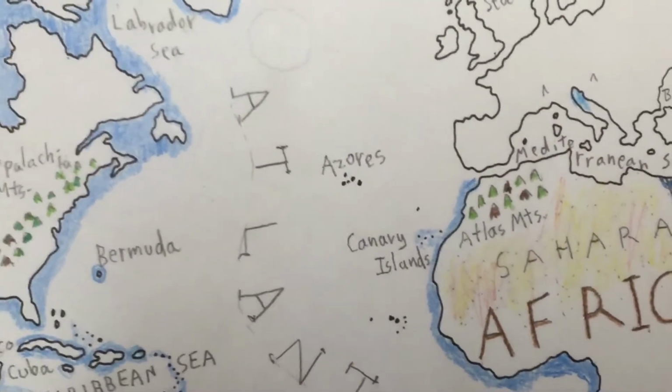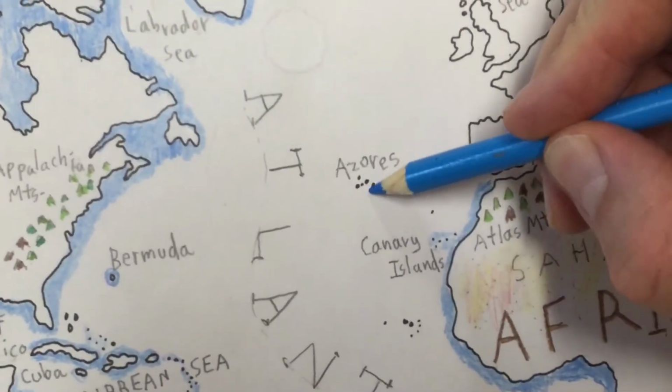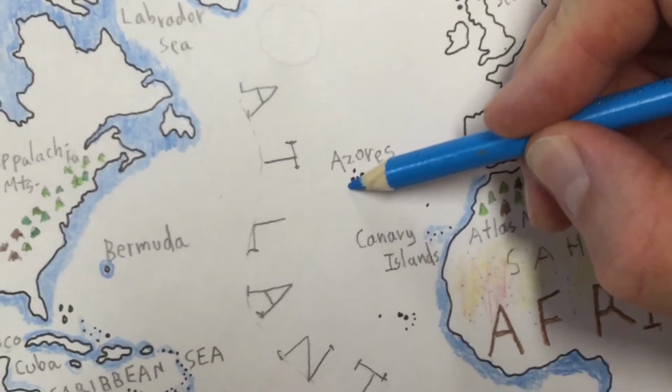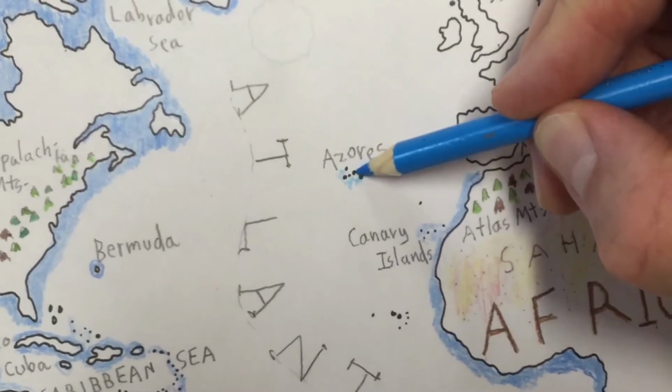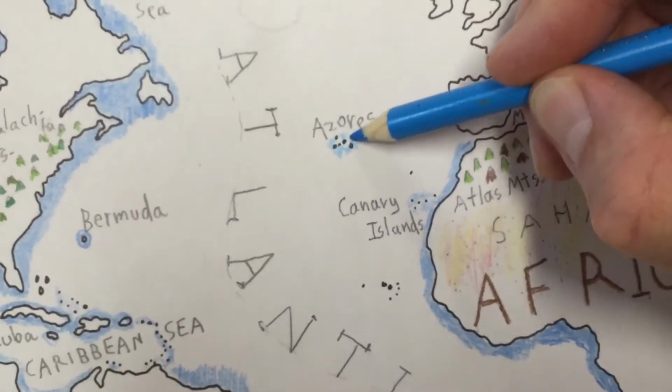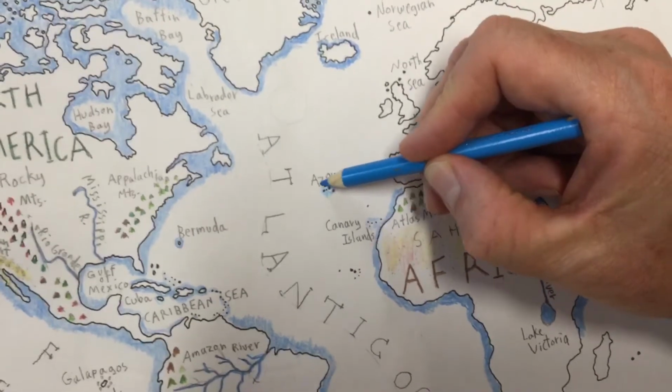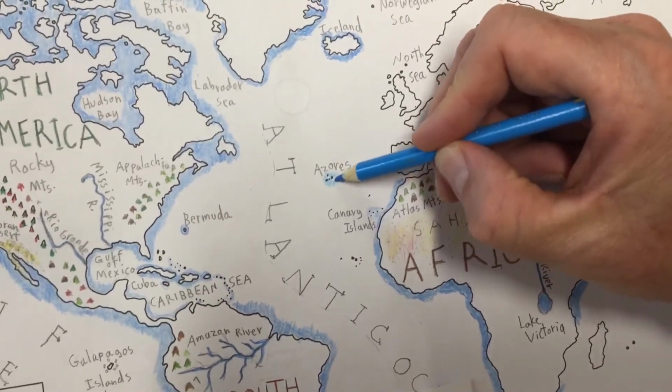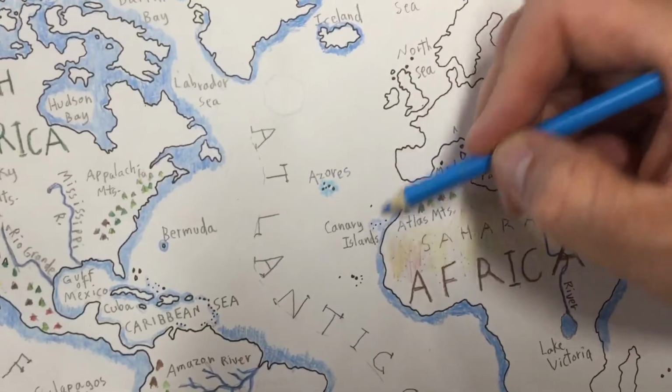Maybe I'll take my blue and just put a little bit of blue around those islands. That'll make them stand out a little better.